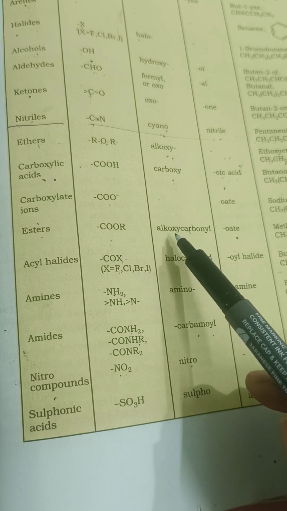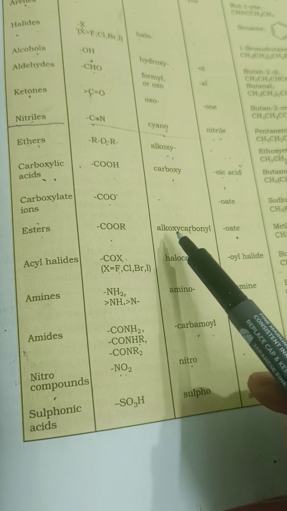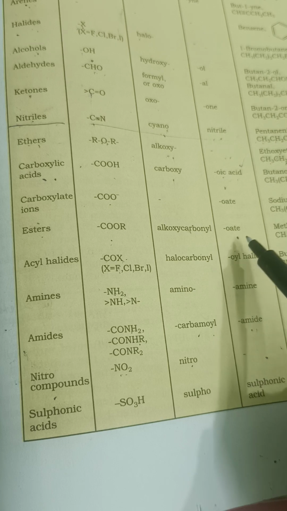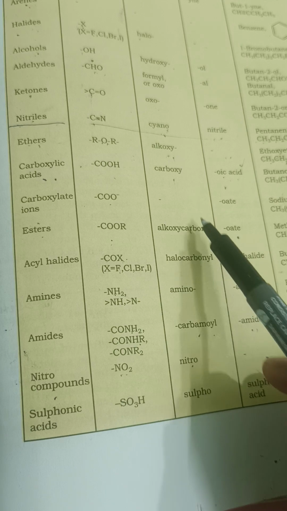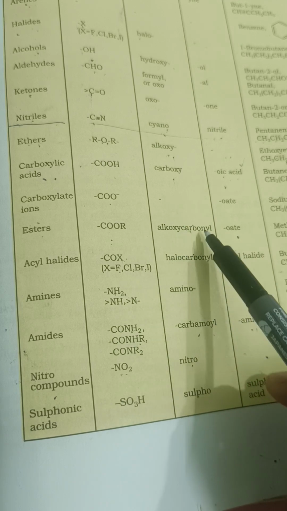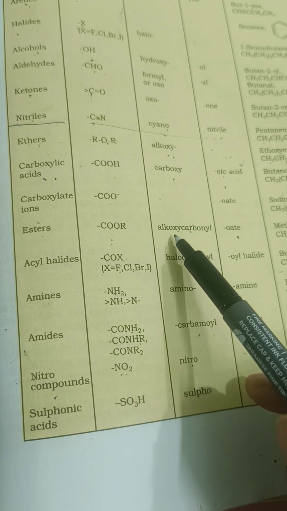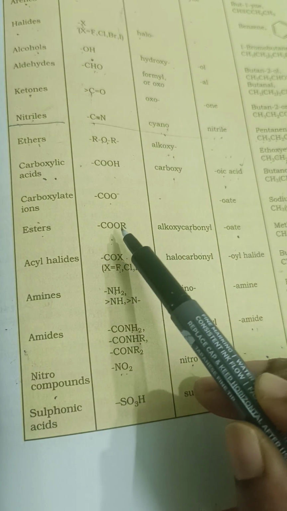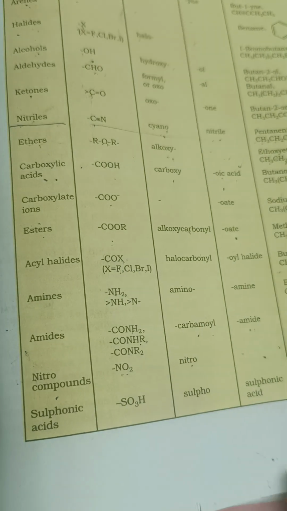And then we go to the suffix. While we write the IUPAC nomenclature, we should mention it as oate. That means the IUPAC name should end with oate. I will tell you the formula for the alkoxy group and carbonyl group, and then I'll write down the COOR group structure here.